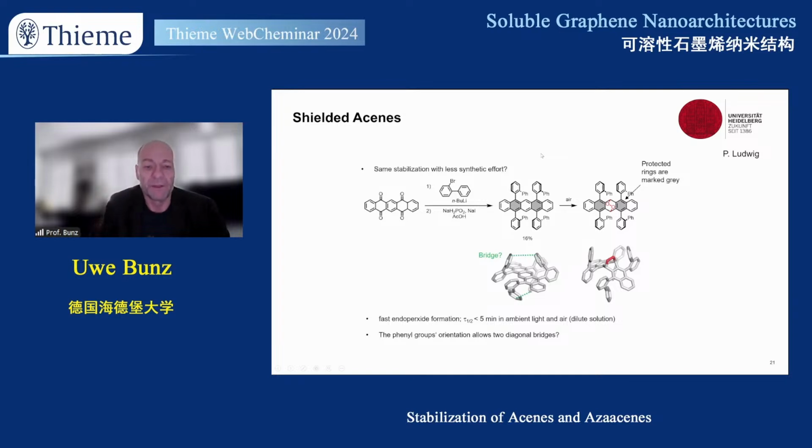However, if you repeat the same experiment here with a pentacene, even though you have more protecting groups, your stability will be even less, and you get immediate photooxidation here, so that there is a half-life of less than 5 minutes here.